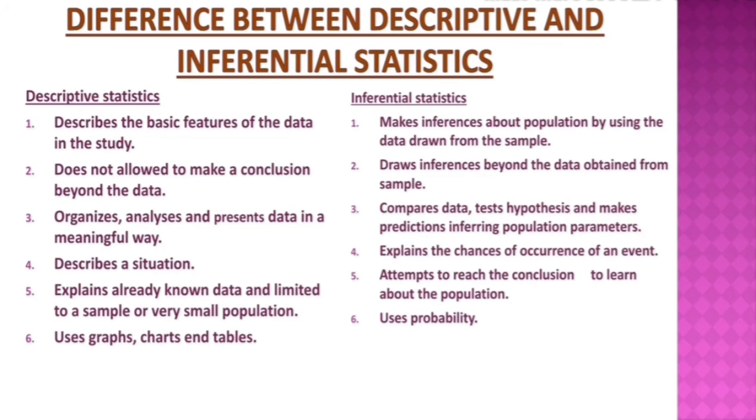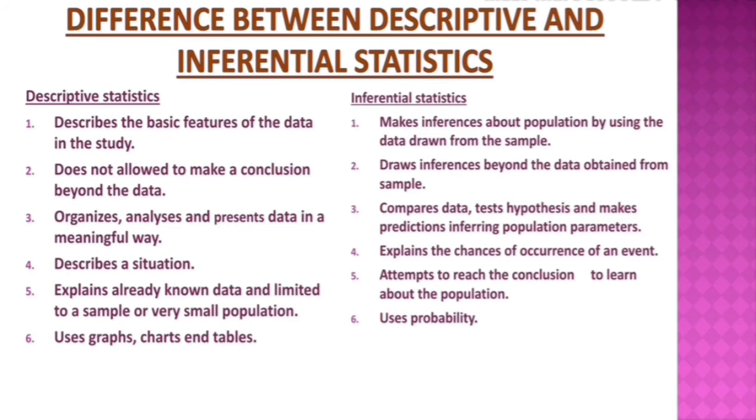By applying descriptive statistics, we are able to describe a situation. Inferential statistics explains the chances of occurrence of an event. In inferential statistics, we use probability to explain the chances of occurrence of an event.